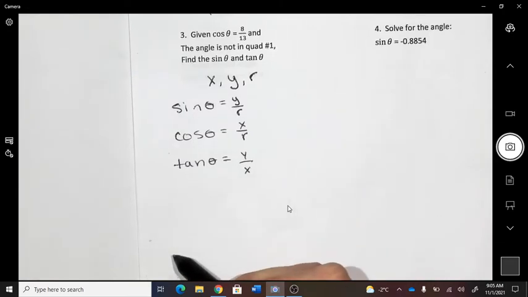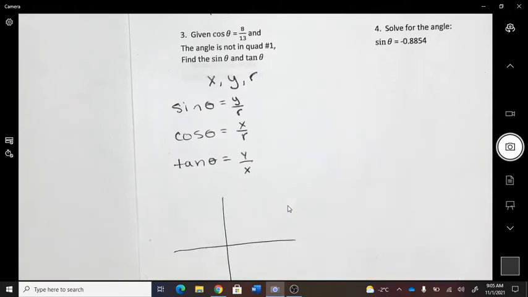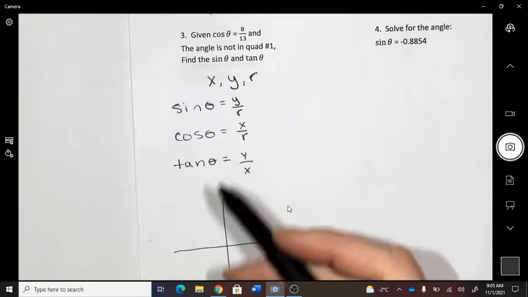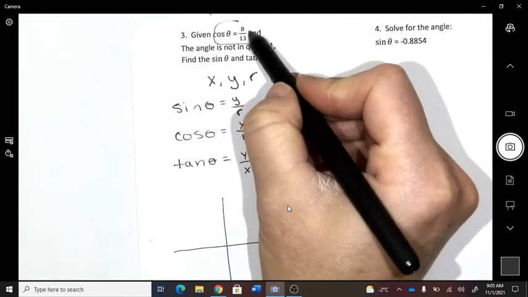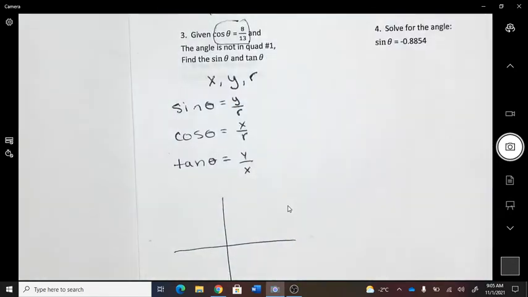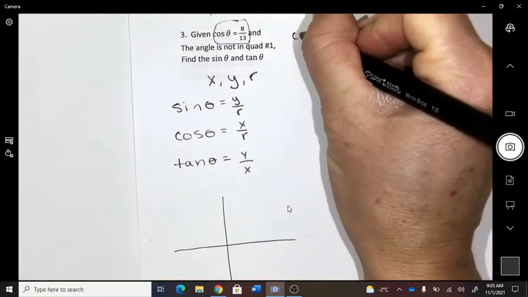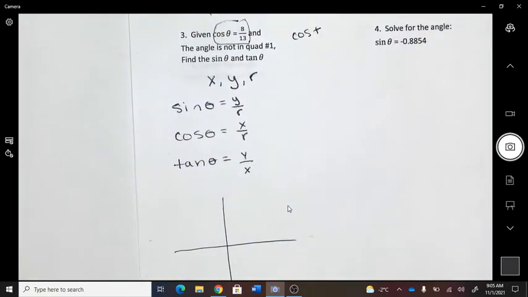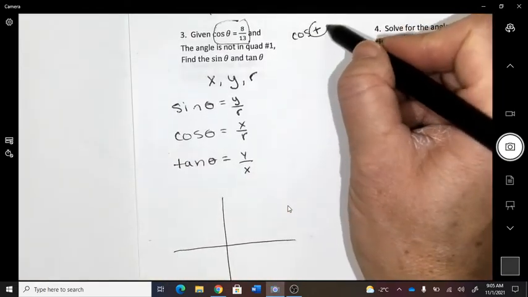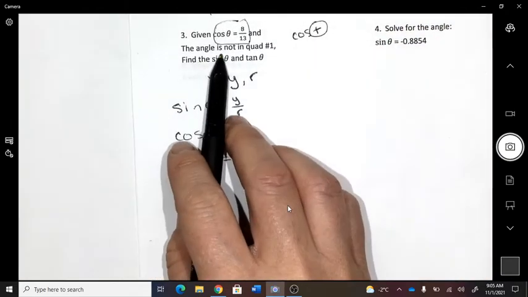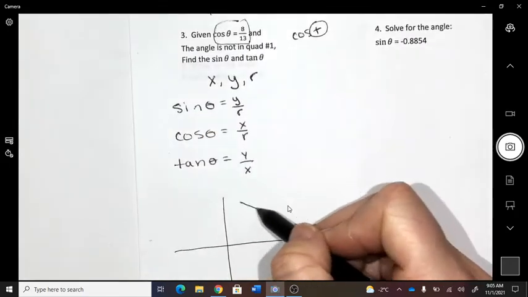Let's analyze what quadrant we're in. I know that cos is positive. It is not in quadrant 1.